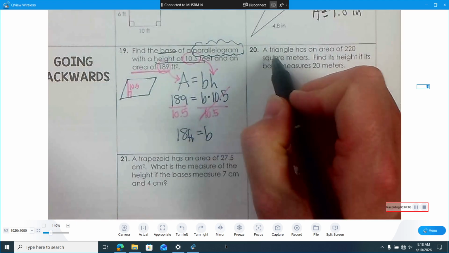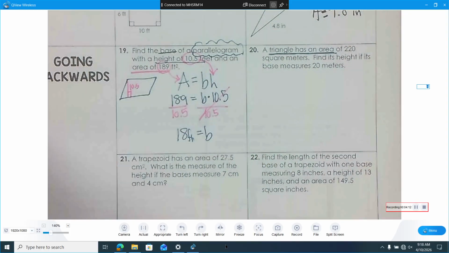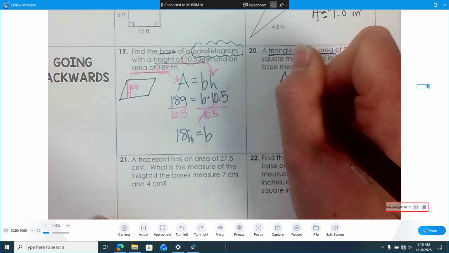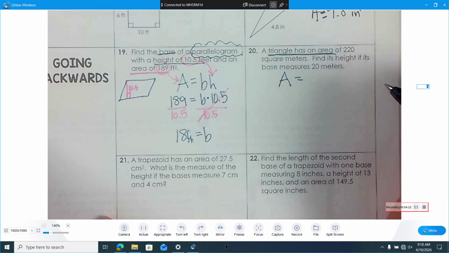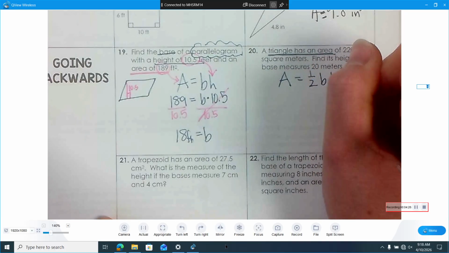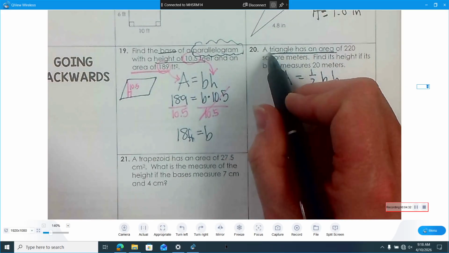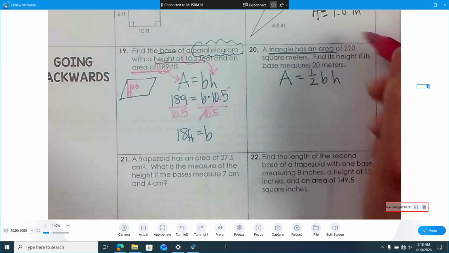All right, so a triangle has an area. Right here on number 20, the first thing I'm going to write down is my formula for the area of a triangle. So what is the formula for the area of a triangle? Half base times height. Very good. Half base times height. All right. It says a triangle has an area of 220 square meters.